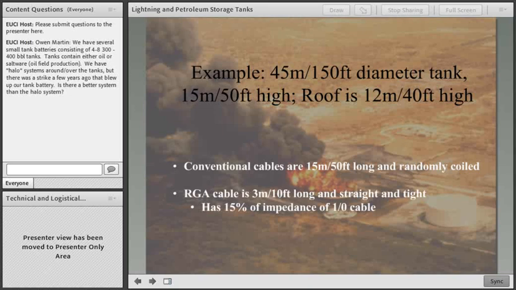A conventional bypass conductor would still be 50 feet long in this situation, whereas a retractable cable would only be 10 feet long and be as short and straight as possible. If you were using one-aught cable in both cases, you would find the retractable cable has about 15% of the impedance of the conventional cable.